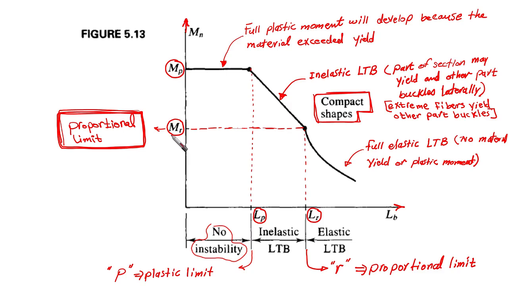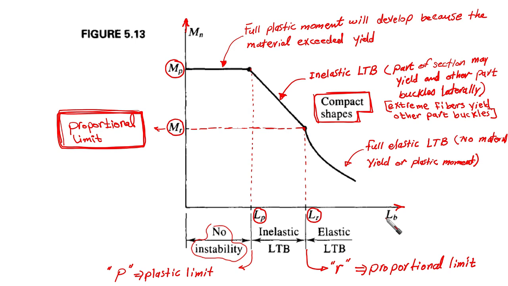We need to put another type of limit. We have the proportional limit, which distinguishes between two different types of lateral torsional buckling. The part between LP and LR, this zone on the horizontal axis, gives us the inelastic lateral torsional buckling. You're going to find that the nominal moment is going to be less than Mp, and it is gradually decreasing until it reaches a point here. This point is identified on the horizontal axis by LR, the proportional limit.